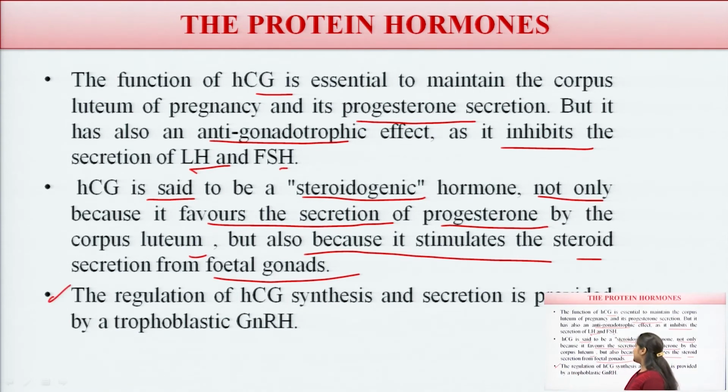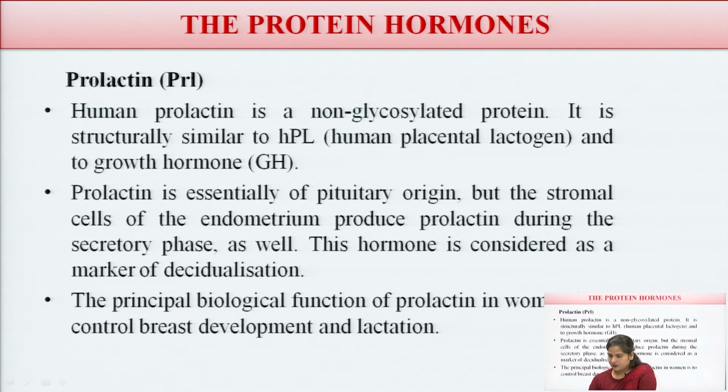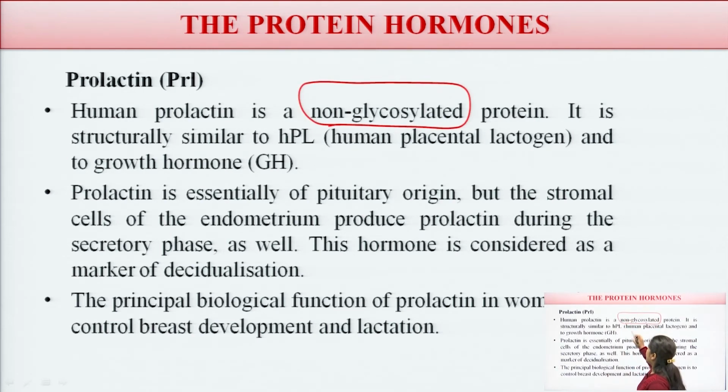Now the regulation of the HCG synthesis and its secretion is provided by trophoblastic GnRH, that is gonadotropin releasing hormone. Now next one is the prolactin hormone. It is human prolactin, a non-glycosylated protein.